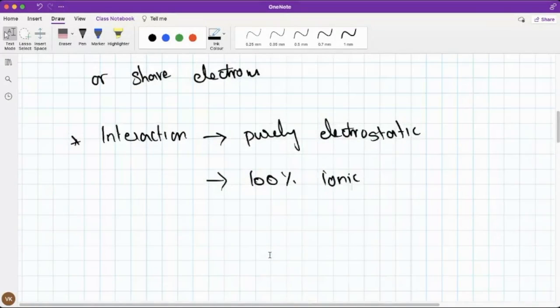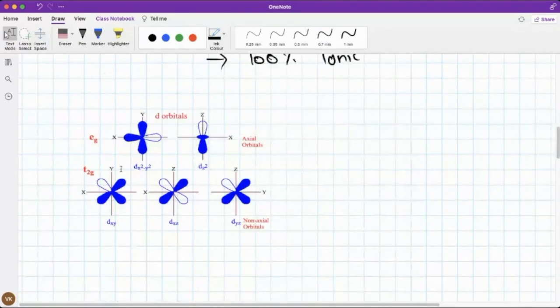The major compounds involved in the formation of coordination compounds are transition metal ions, and the octahedral and tetrahedral examples we are going to see are based on transition metal ions. So they have d orbitals.